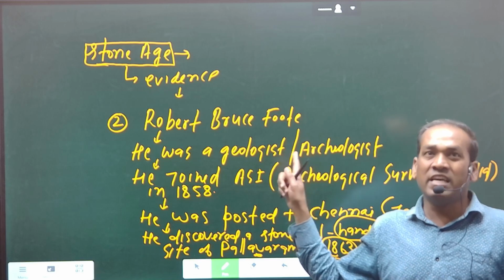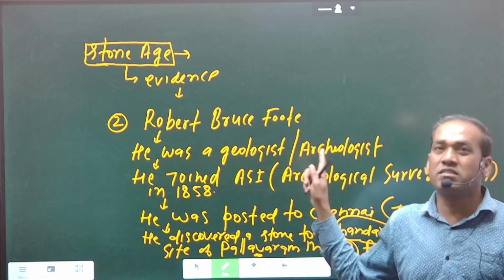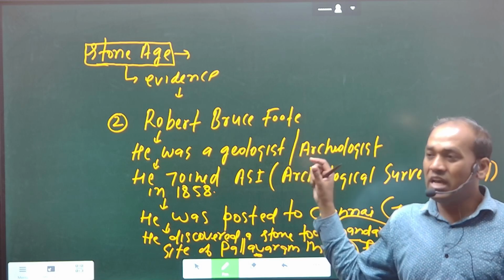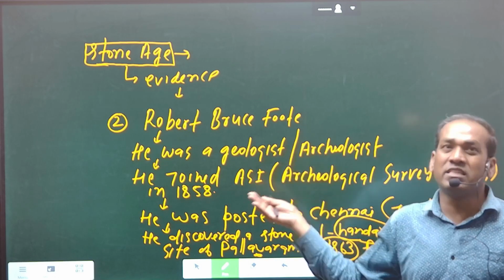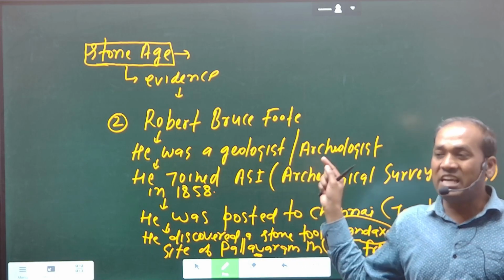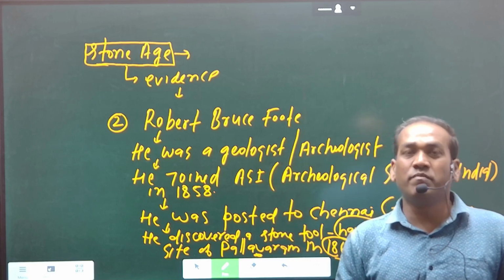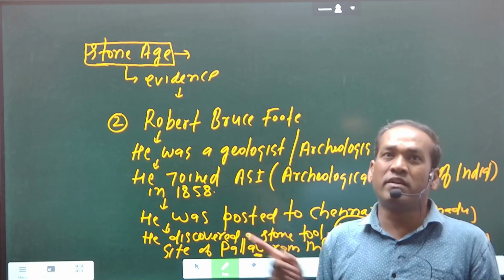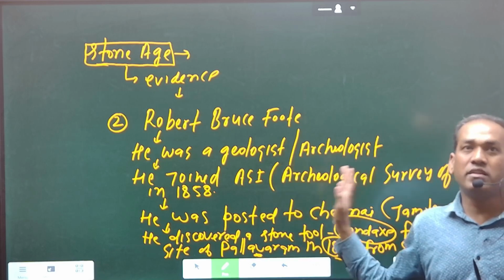There at the site of Pallavaram, he discovered a stone tool, the hand axe, which was used by early men for digging the earth, and the axe was discovered from the site of Pallavaram, which is located in Chennai, Tamil Nadu.